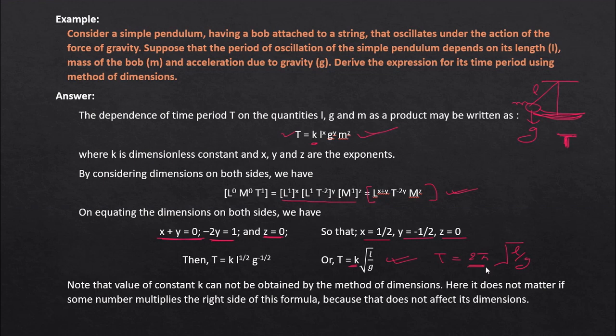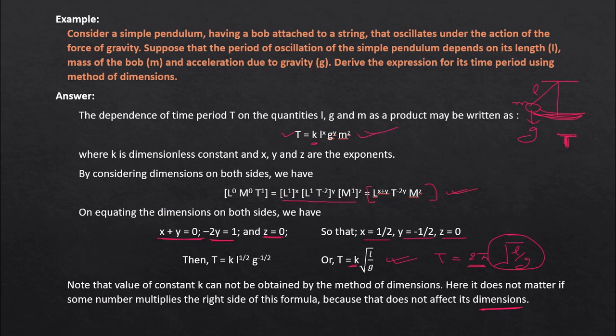So this constant we can't get from the dimensional analysis, but the relation we can get easily. Note that the value of the constant cannot be obtained by this dimensional method. It does not matter if some number multiplies the right side of the formula, because it does not affect its dimension, which is an important point to remember.